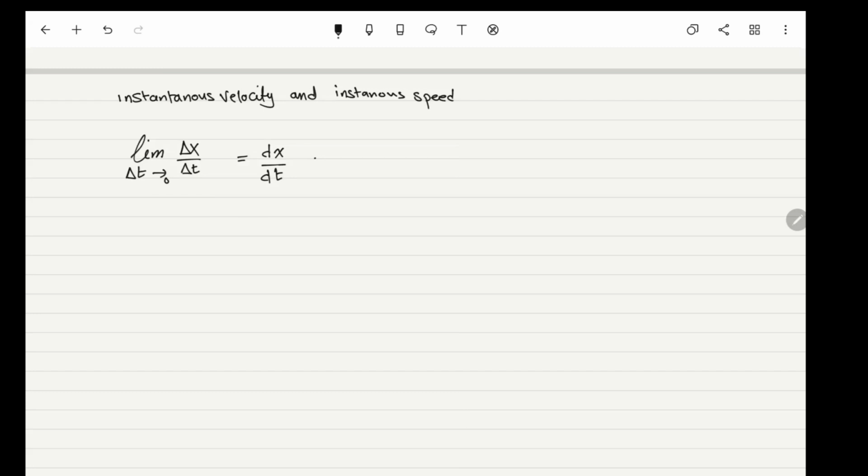But the instantaneous speed is actually the magnitude of the instantaneous velocity. So s here, instantaneous speed, equals the magnitude of v_x.